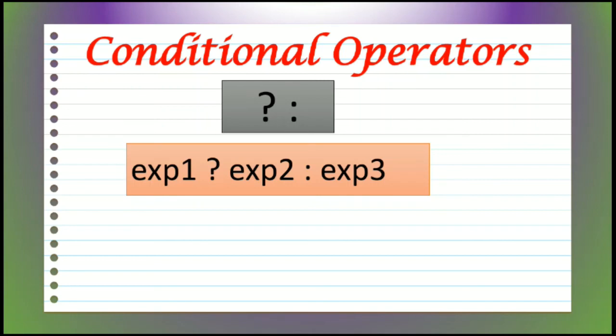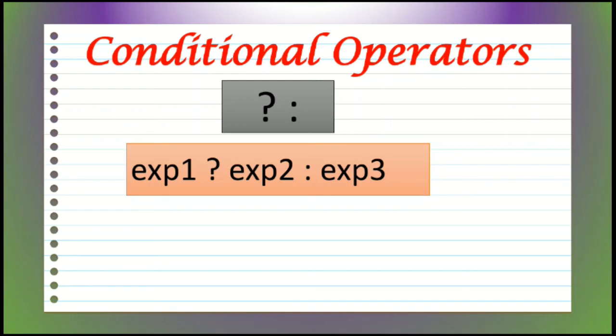The operator question mark colon works as follows. Expression 1 is evaluated first. If it is true, then expression 2 is evaluated and becomes the value of the expression. If expression 1 is false, then expression 3 is evaluated and its value becomes the value of the expression. Note that only one of the expressions, either expression 2 or expression 3, is evaluated.